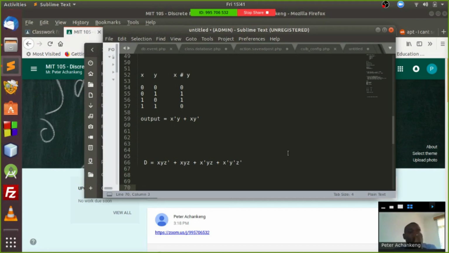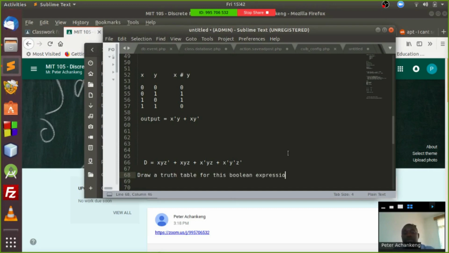Imagine that we told you that this is the output for a particular digital circuit. Can you draw the truth table? Can you draw a truth table for this Boolean expression? So that's the question I'm asking you.